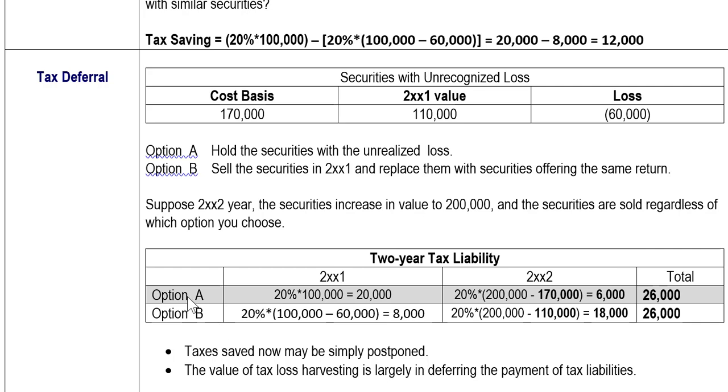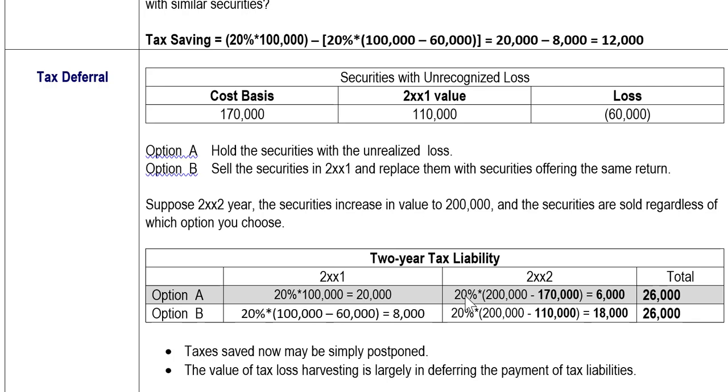Now, option A is you don't harvest the loss, so you don't sell those securities, you hold them. Option B means you do tax harvesting: you sell in year one, buy back in year one, and then sell again in year two. So what happens? In year one, you're paying 20% of the total gain of $100,000, so your tax is $20,000.